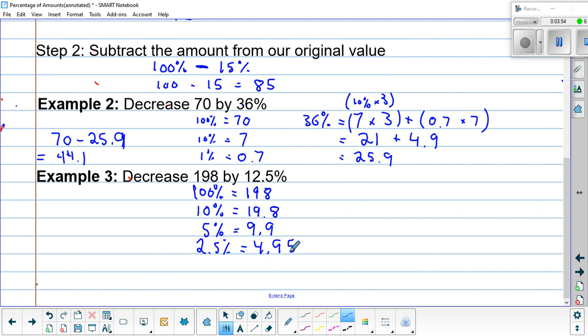So now let's bring it all together. 10% plus 2.5%. Sorry, let me make that 10 a little more legible. 10% plus 2.5%, and we are going to get 19.8 plus this 4.95.